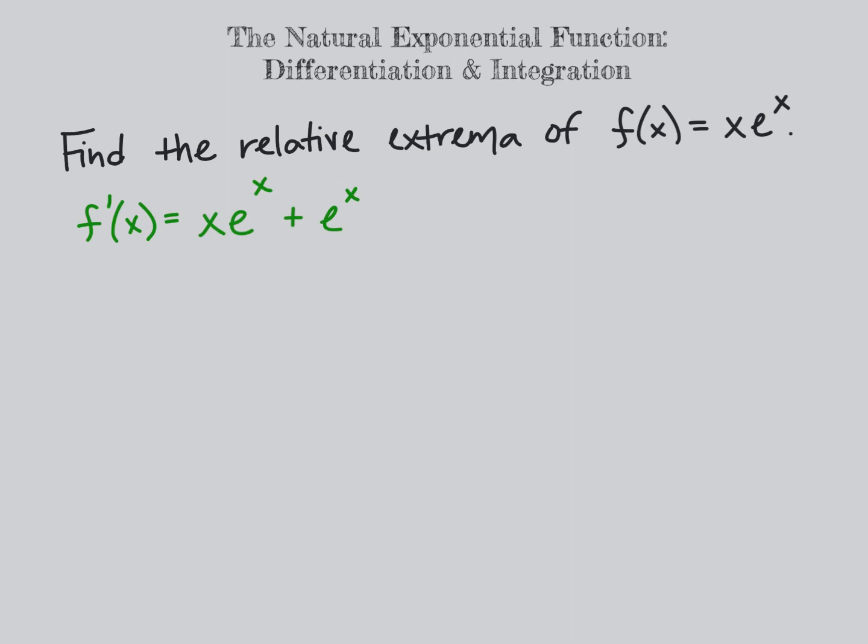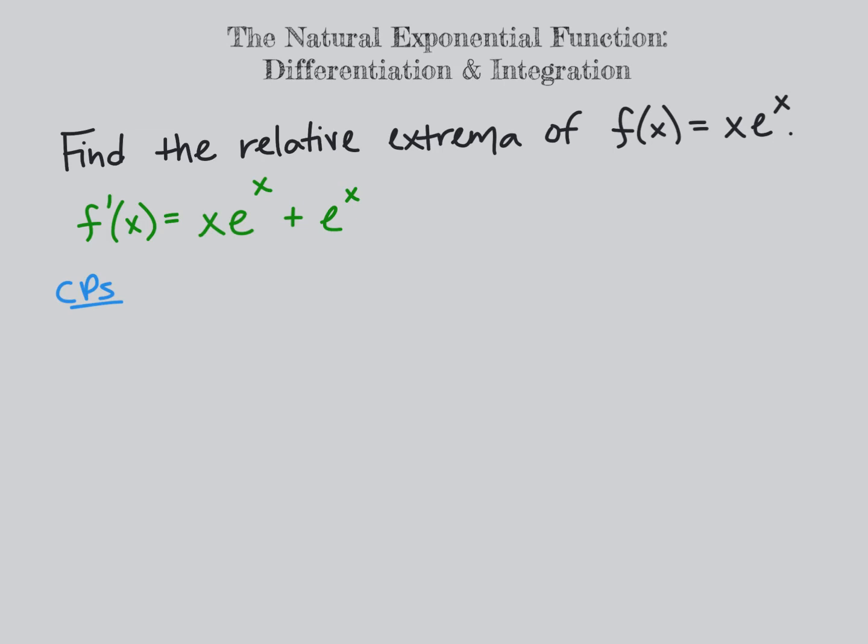Now, if we were just asked to find the derivative, we'd be done. But in order to find the relative extrema, our second step is to find those critical points. Now remember, to find critical points, we need to find where our first derivative is equal to 0 and/or where it is undefined. Now in this case, our first derivative is always defined because there's no x values under a square root or in the denominator.